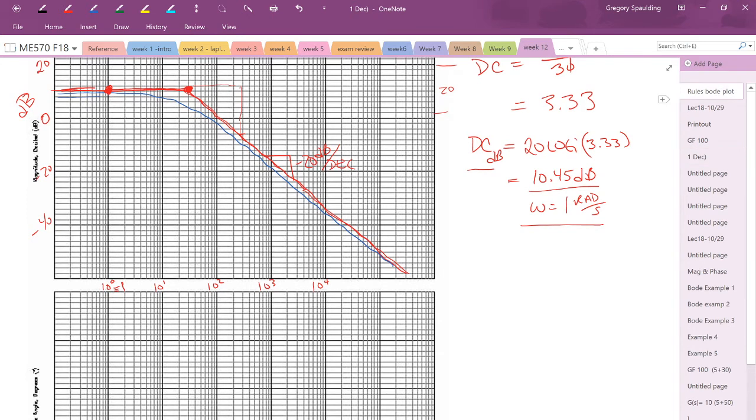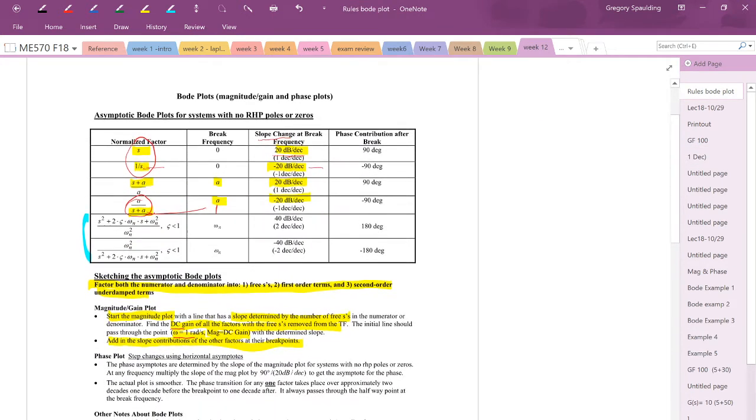I didn't discuss this earlier, but let's go back to the rules here and see what we see on the phase. The phase plot is determined by the slope of the magnitude plot. For each increase in slope, we're going to change the phase.